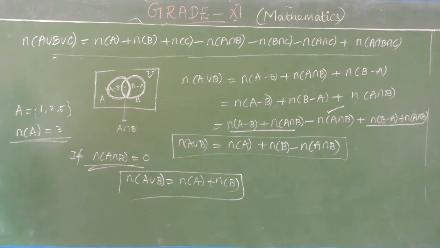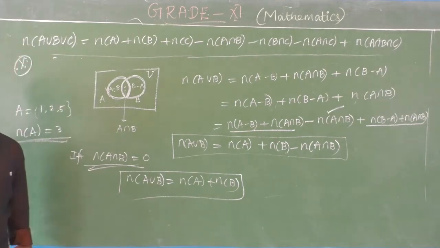So mind it: n of a intersection b minus n of b intersection c minus n of a intersection c plus n of a intersection b intersection c. So this is your first formula, but this is a 5 mark question for you from your miscellaneous sums, the last exercise. Have you got it, children?